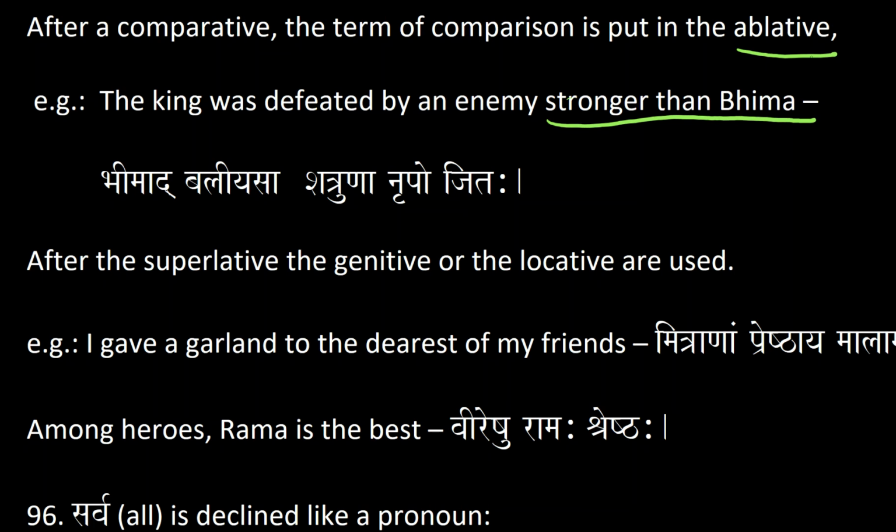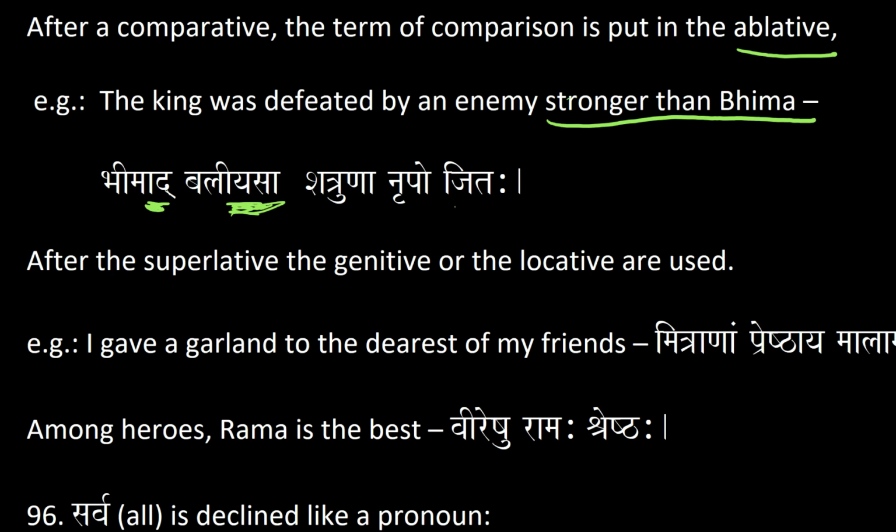So that's exactly what we're seeing here. Bhimad originally came from Bhimat. That was ablative. And Balīyasa. Yasa is the case ending for the ablative case as well. So Bhimad Balīyasa shatruna nripo jitaha.